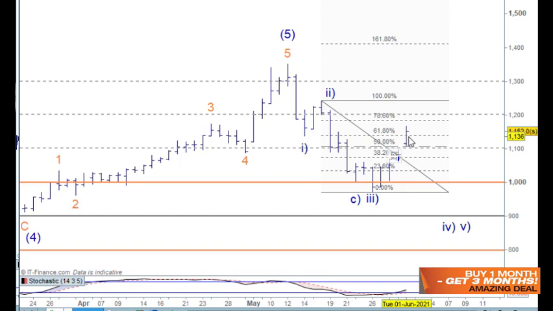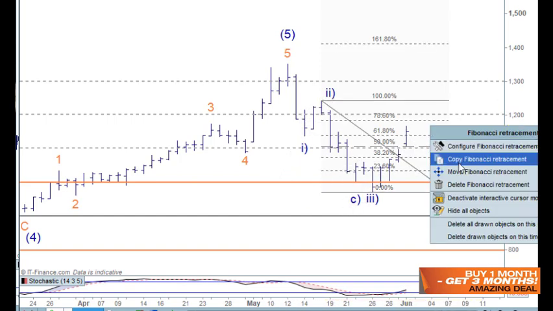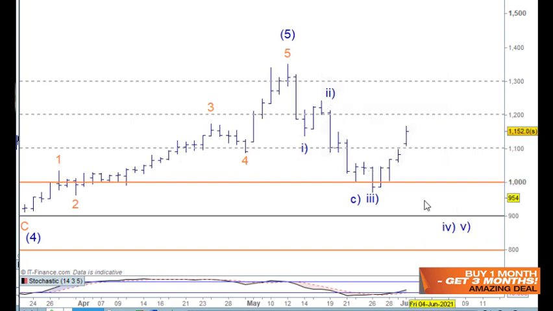So we could say that if this market followed through and moved up, because that's the 78.6 here at 1200, and if the 1200 became the support, then that would really confirm that we don't have this as a 1 and 2 and 1 and 2. And then we could stay in our wave C here.